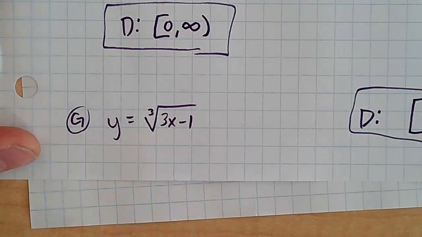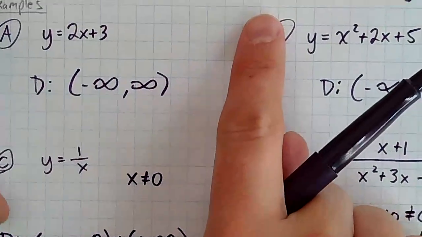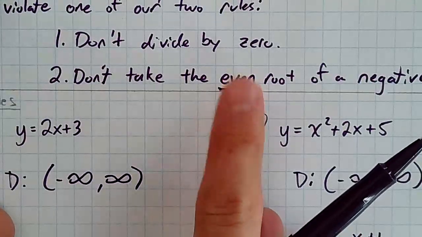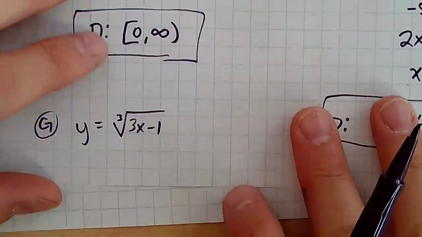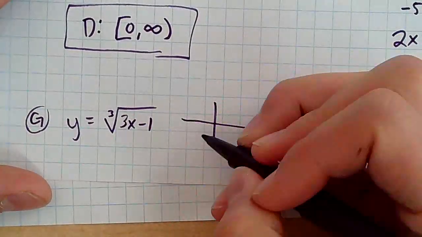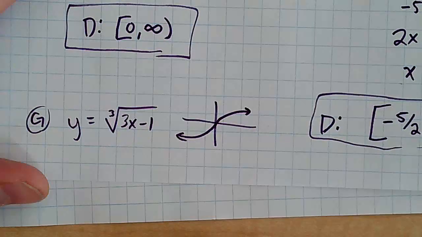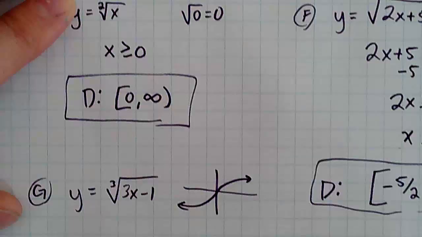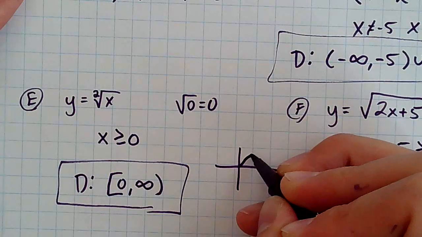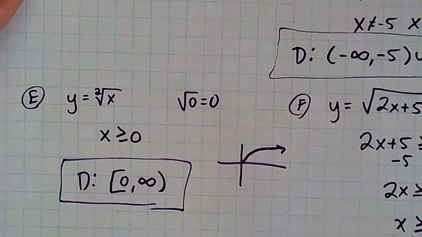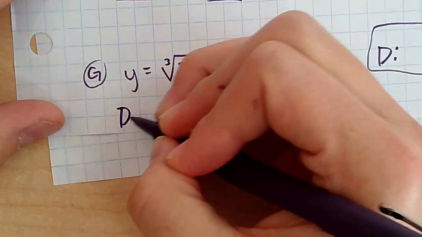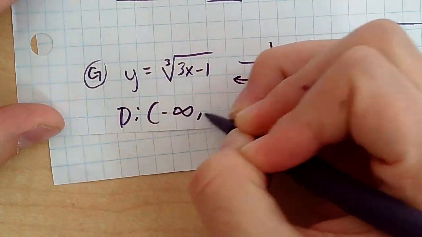So I have a cube root of something, and note that my rule only applies to even roots. A cubic root function is unlike a square root. A cubic root function will go on forever in both directions, whereas a square root function is only going to go in one direction. So this actually has no issues. Our domain is all real numbers.